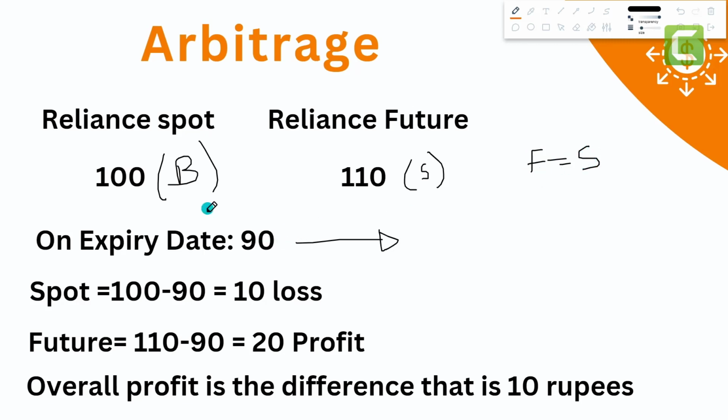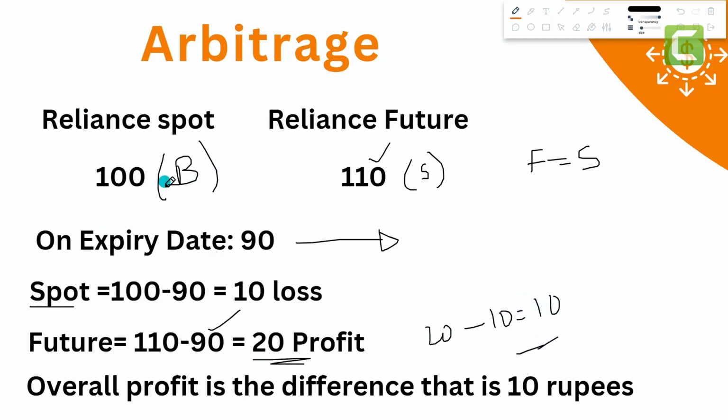Let's say both became 90. Now in the spot price you bought at 100 but it's trading at 90, that means you are at a 10 point loss. But in the future, you sold at 110 and now it is trading at 90, so you have a 20 rupees profit. So 20 minus 10 is equal to 10. Hope you understand.